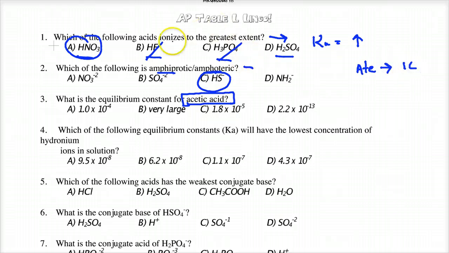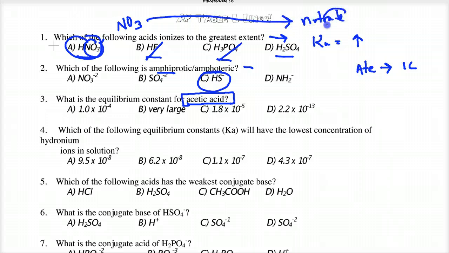So if you notice, I call this nitric acid because it has the nitrate ion, and ate becomes ic. So this becomes nitric acid. So if I'm looking for acetic, then I must be dealing with the acetate ion.